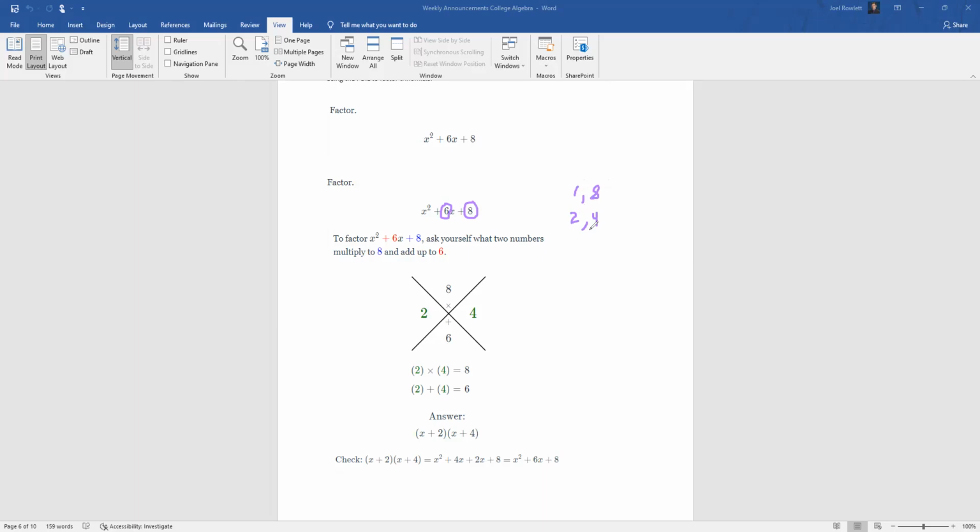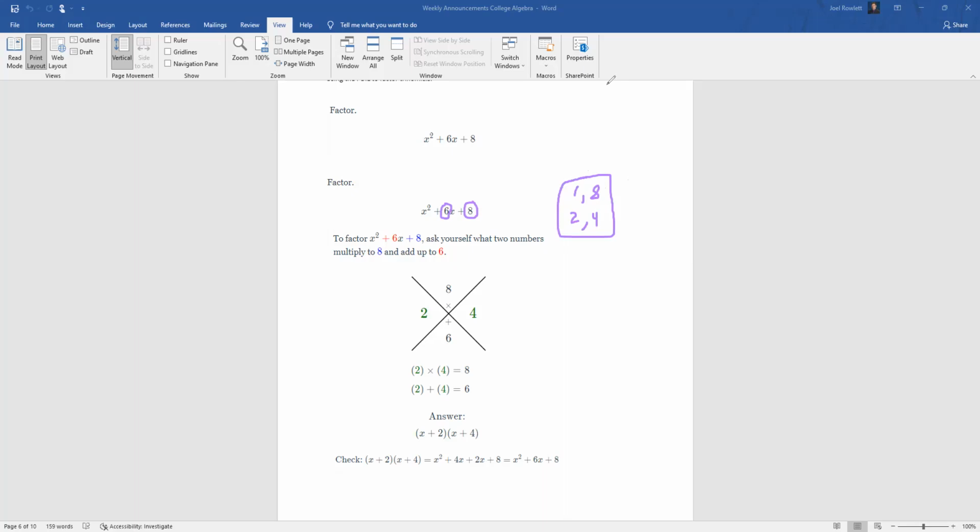I'm going to have to skip 3 because 3 cannot be multiplied by an integer to get 8. And if we go up to 4, that gives us 4 times 2, and basically, we've already got that here. So if this thing factors, it's going to be one of these sets here that will allow us to do that.